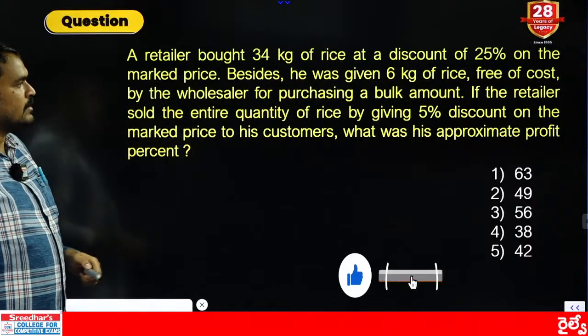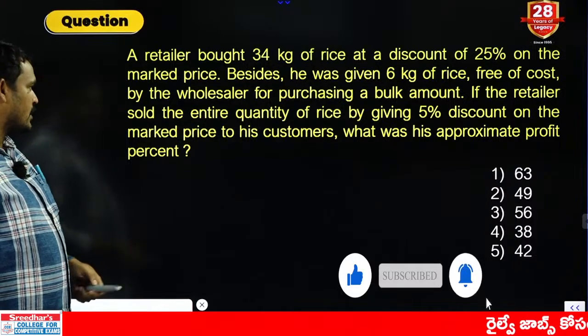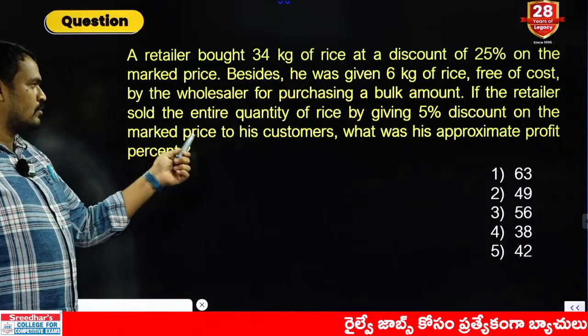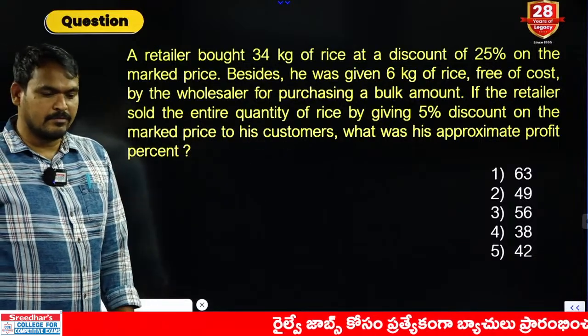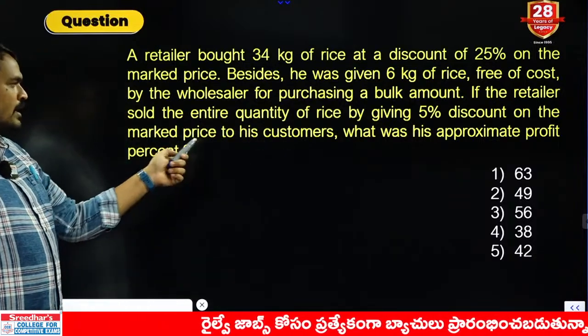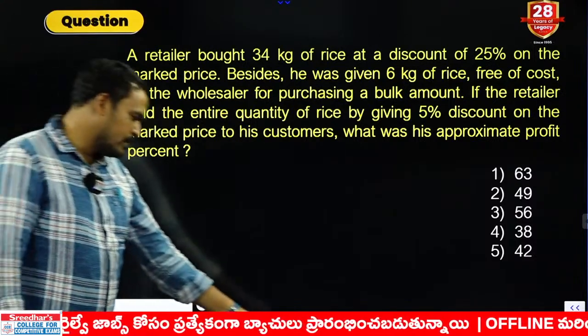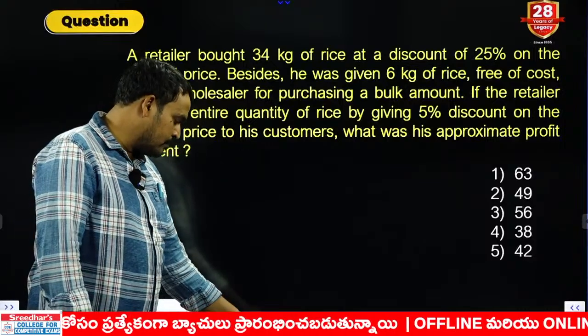Besides, he was given 6 kgs of rice free of cost by the wholesaler for purchasing a bulk amount. If the retailer sold the entire quantity of rice by giving a 5% discount on the market price to his customers, what was the approximate profit percent?